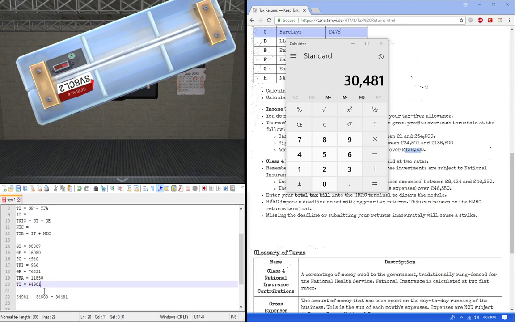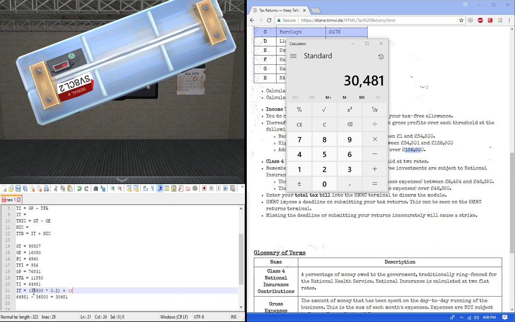And then what we can do is we have our income tax. It's going to equal, since we have our entire $34,500, we're going to tax all of that at 20%. So 34,500 times 0.2, because that's how much we can actually take away from the 64,000.